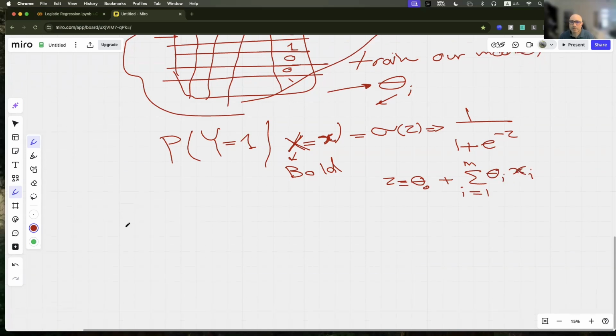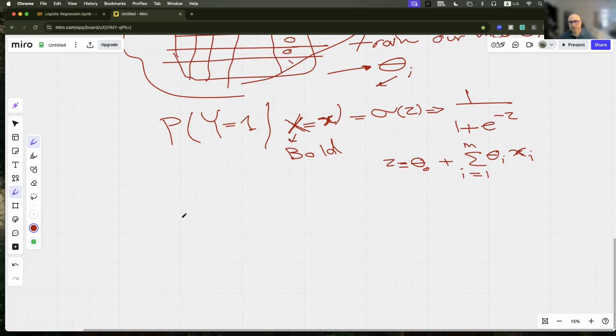Okay, so what does this equation tell us? Based on any one row of your data set, if it belongs to malignant, we want to see what the probability would be.